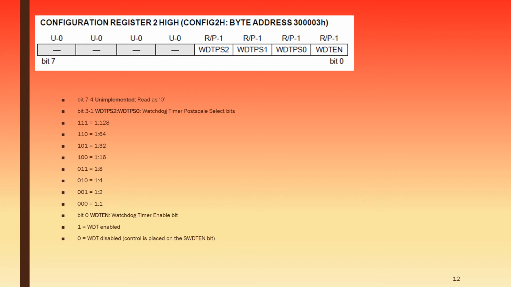In general, a kind of divide or scaling is done, and these prescale or post-scale rates are taken care of by the option register and its corresponding bits.